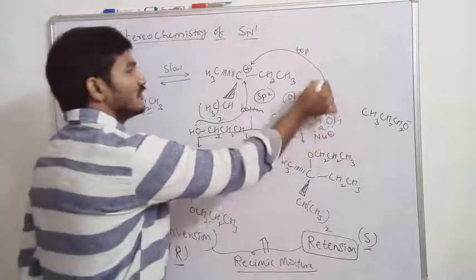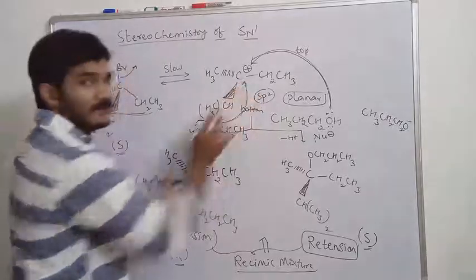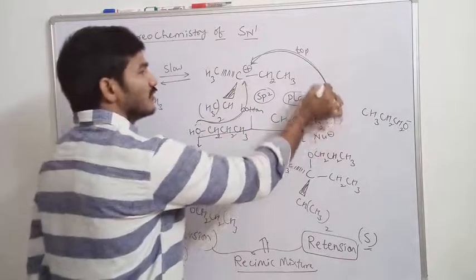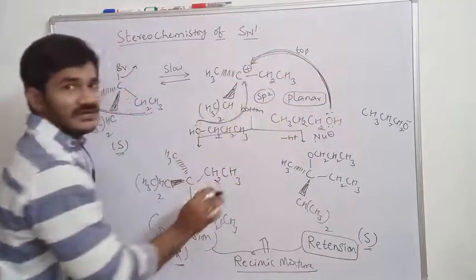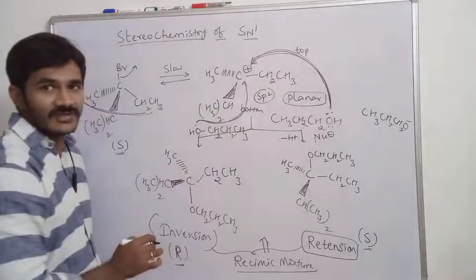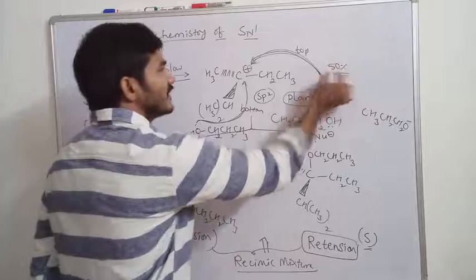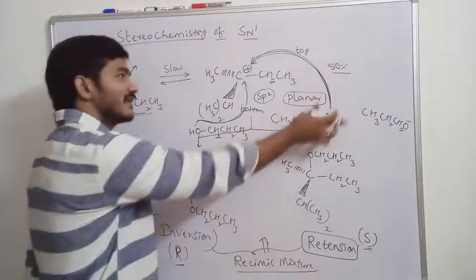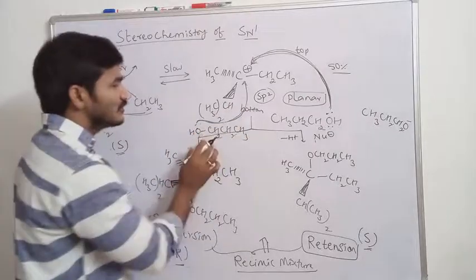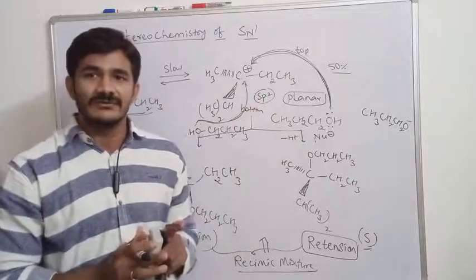Whenever the nucleophile is going to attack from the top and from the bottom, the possibility of the nucleophile attacking from the front side is equal to the possibility of attack from the bottom. So if it attacks from the front side, there is a 50% chance, and the same 50% chance for the nucleophile to attack from the bottom, because this carbocation is a planar molecule, sp2 hybridized.